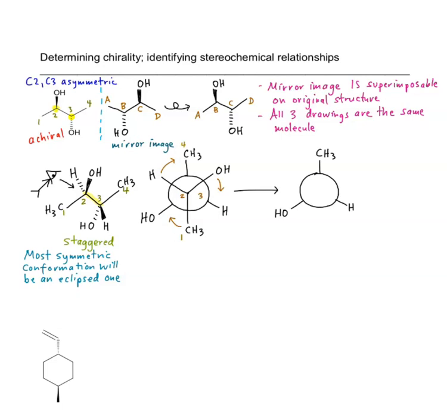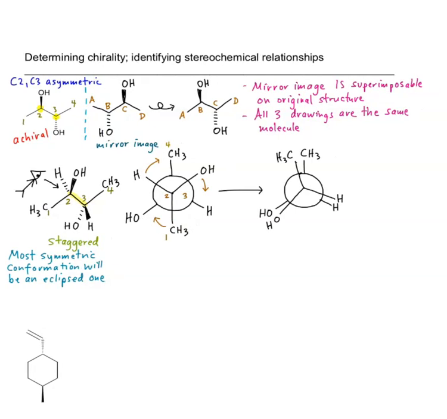So as you rotate around, what you're trying to figure out is, can that happen based on the existing spatial arrangement of the groups? And as it turns out, yes, it can. Now, if any of those groups were in different positions, say we had the OH where the CH3 is on the front carbon and vice versa, then they wouldn't line up. But because of the nature of this compound, they do.